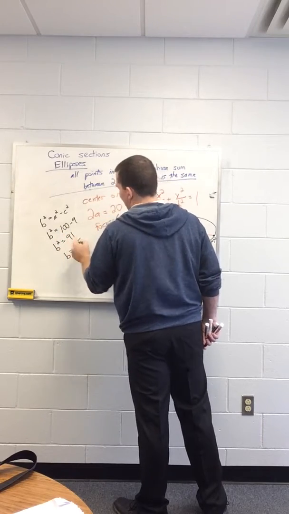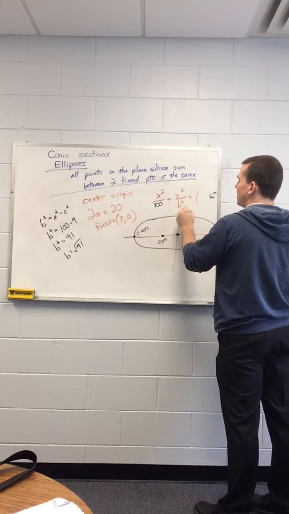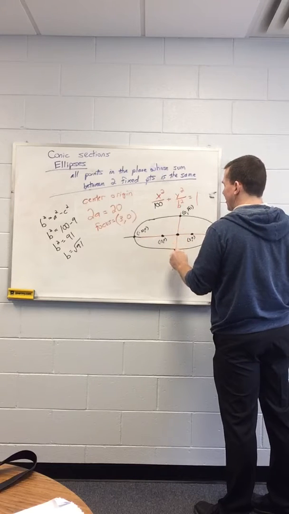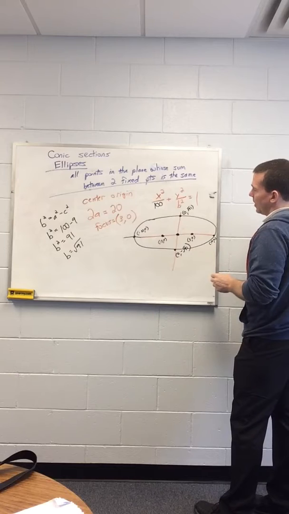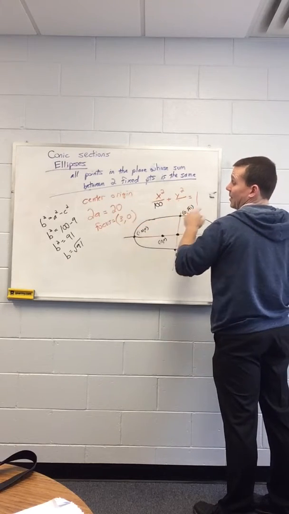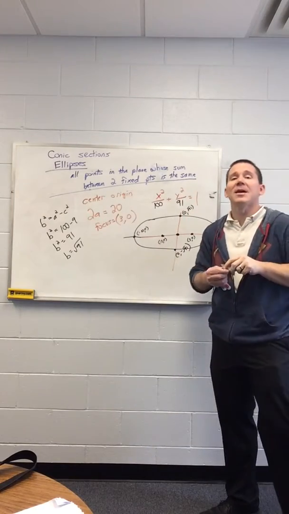So b is the square root of 91, which is just some messed up number. So here, this would be the point 0, root 91. This would be the point 0, negative root 91. And then up here, if b is root 91, b squared is 91. And there's my equation of my ellipse right there.